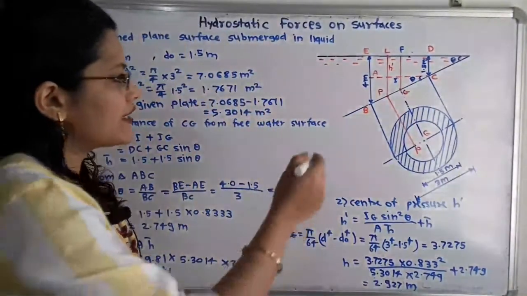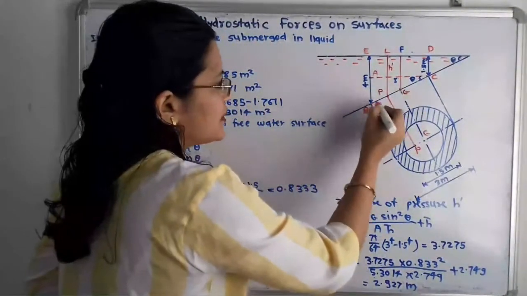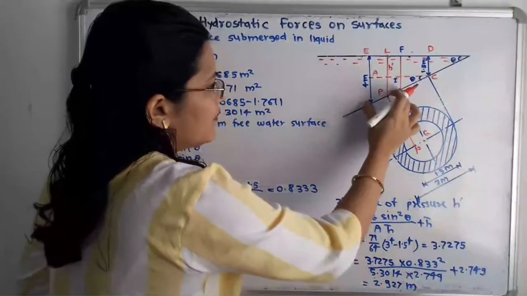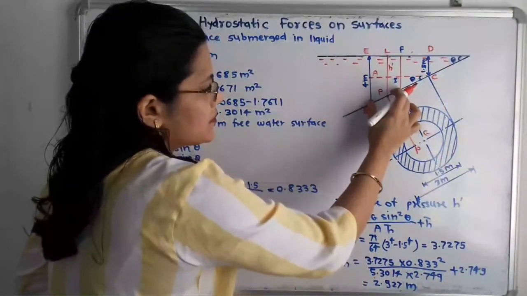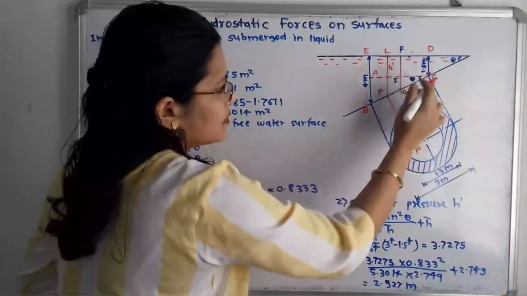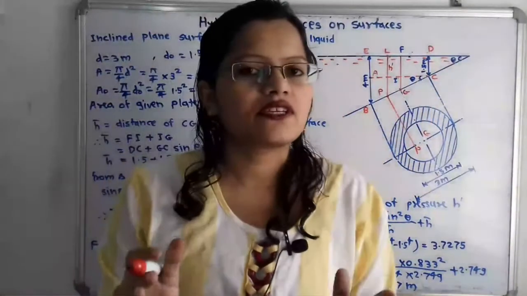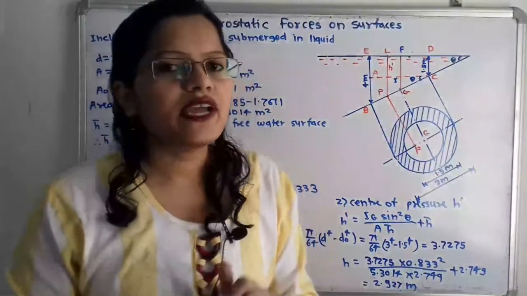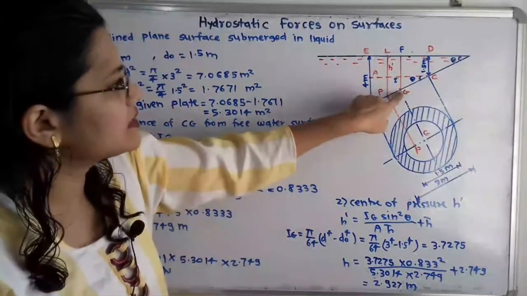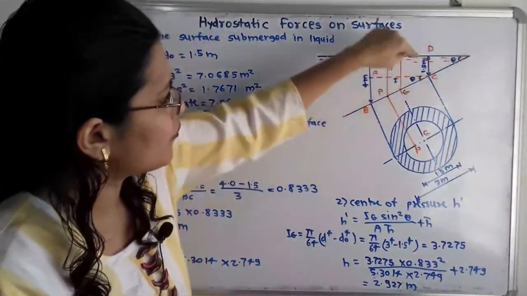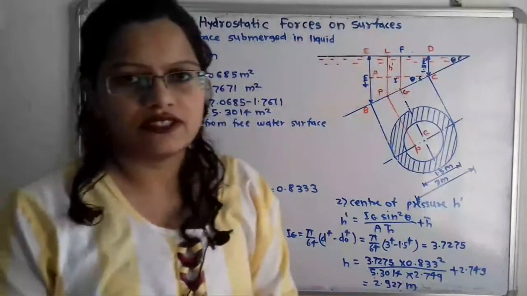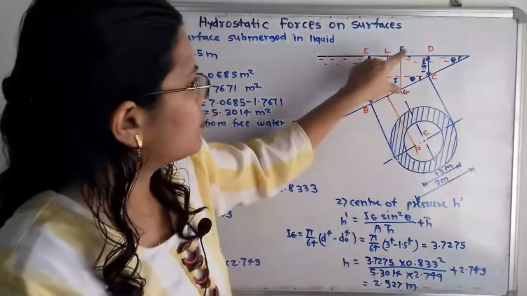So we have to take the middle point of B to C, that is 1.5 meter distance from this point and 1.5 meter distance from this point, and here is the point G, that is G for center of gravity. And we have to find out the distance from the free surface of water to this point G, and that is equal to H bar.